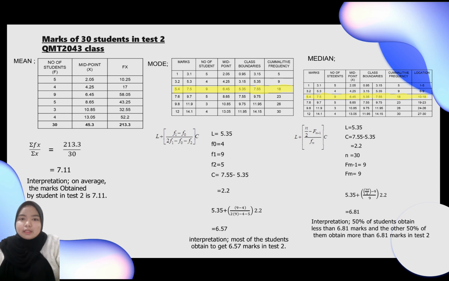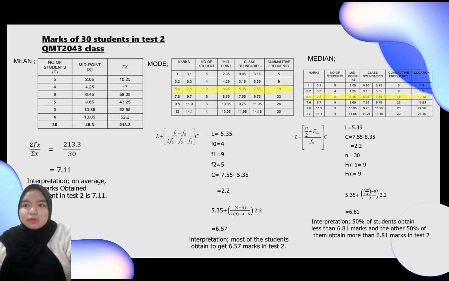Okay, for Test 2 we use the same formulas. For the mean, just put the numbers in the formula. Test 2, FX is 250.3 per 13. The answer is 7.11.